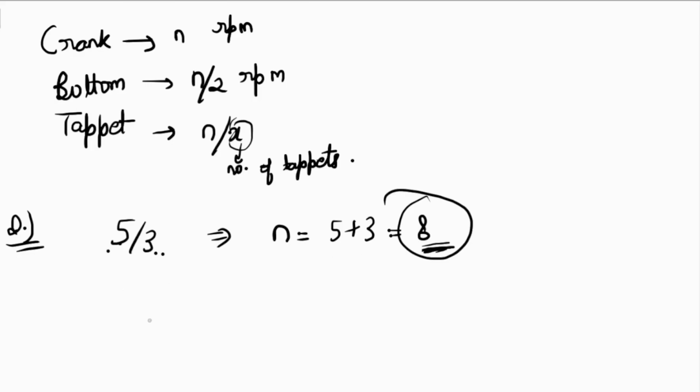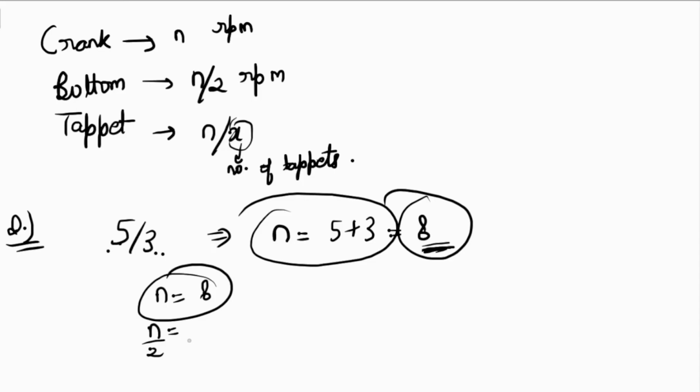In the GATE question, what is asked is the ratio of crankshaft to bottom shaft to tappet shaft. You have to calculate it. Here n is equal to 8, n by 2 is 4, so we will calculate the RPM accordingly.